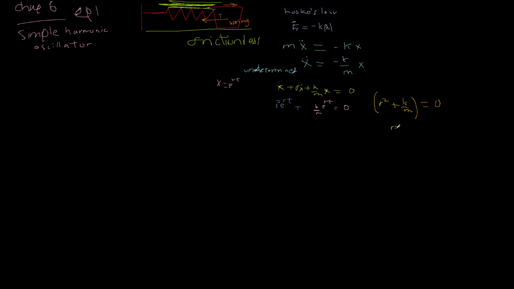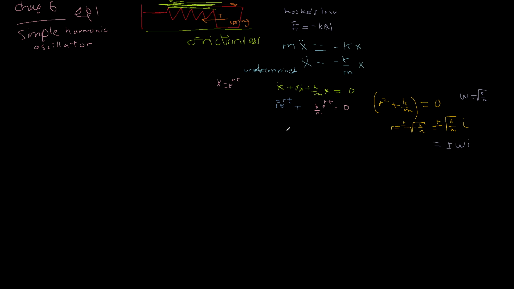And well, we find r is equal to the square root of negative k over m, which is equal to the square root of k over m times i, and then obviously plus or minus. And so I'm going to use this substitution for frequency: omega squared is equal to k over m, so r is equal to plus or minus omega i, right?